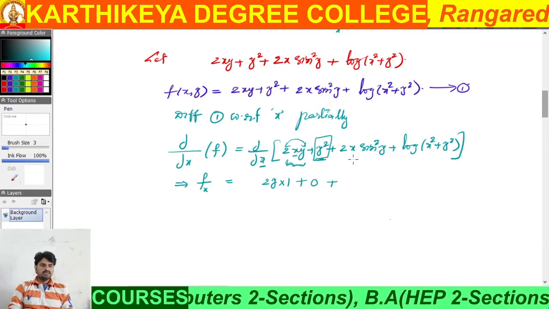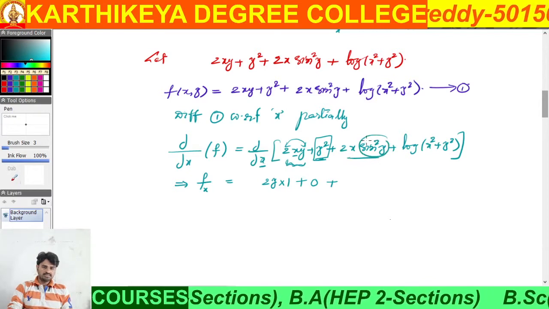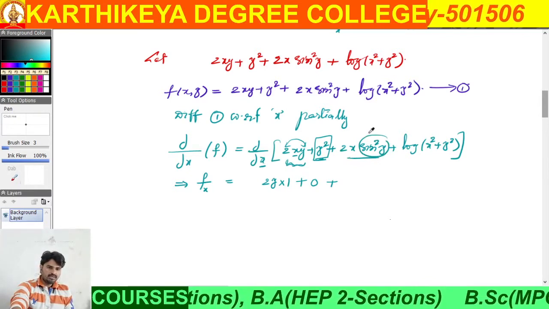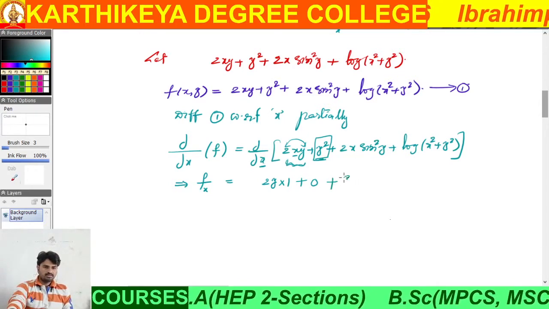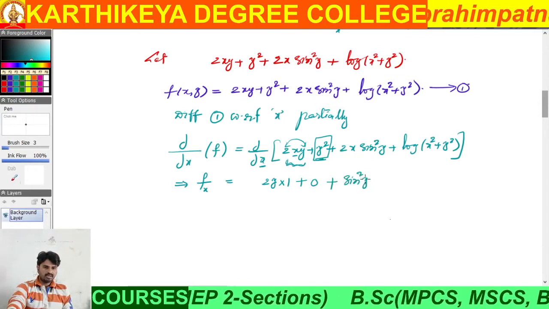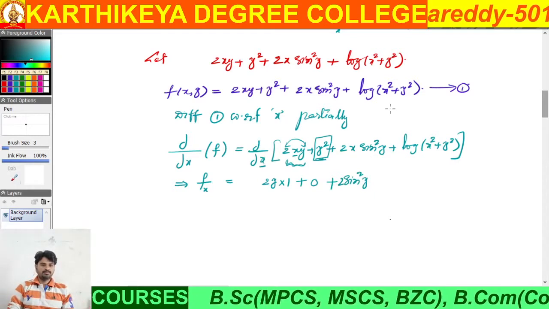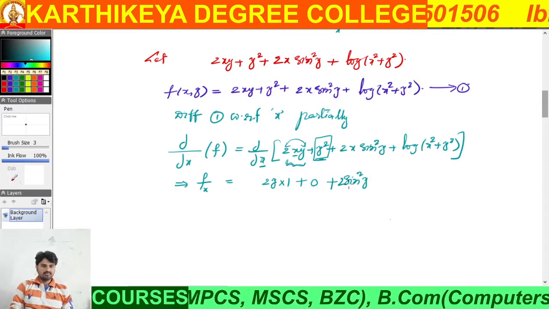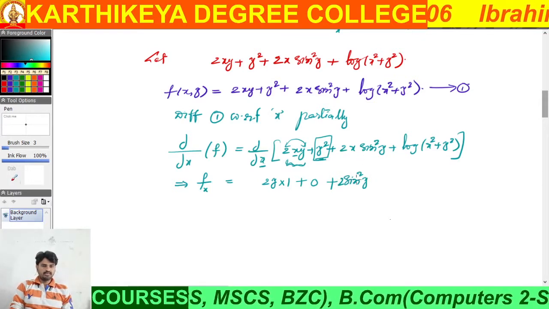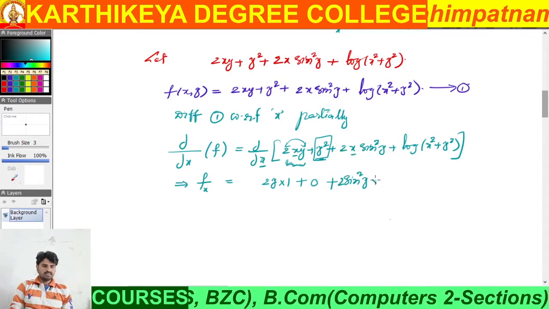Plus, here sine square y is the constant. You can take 2 sine square y before the derivative, and the derivative of x is equal to 1.